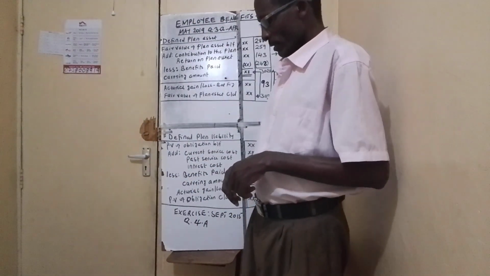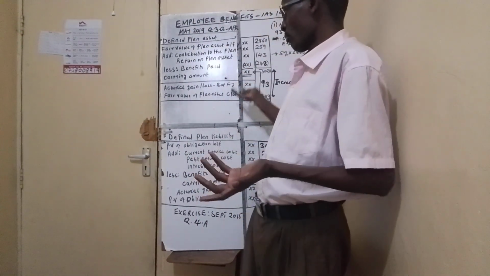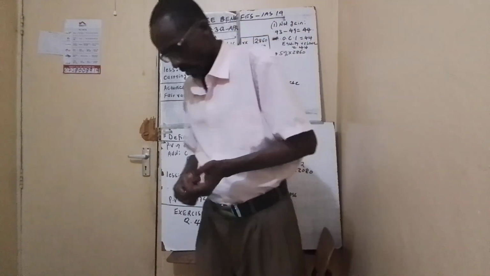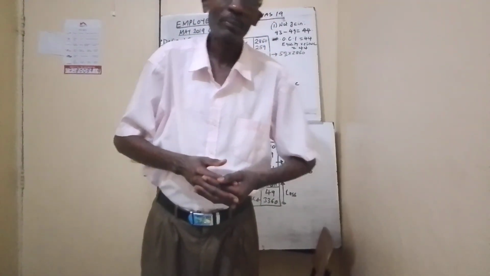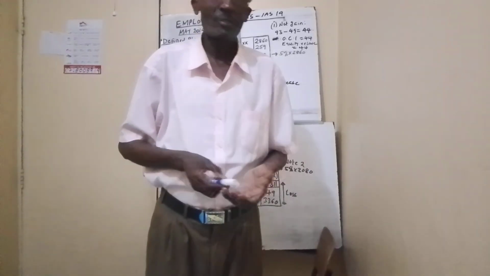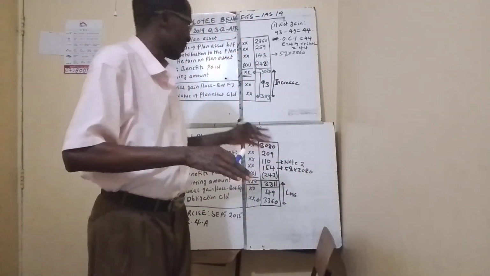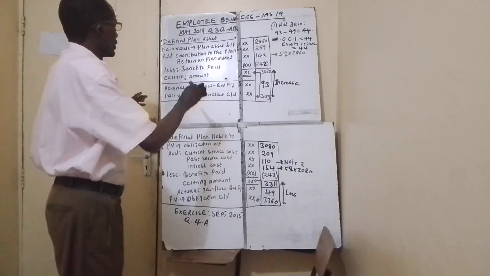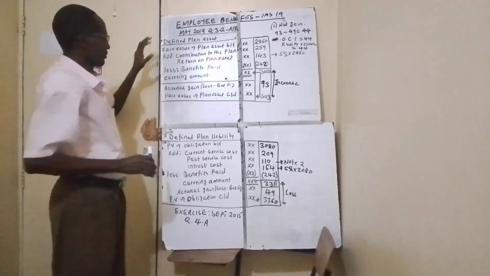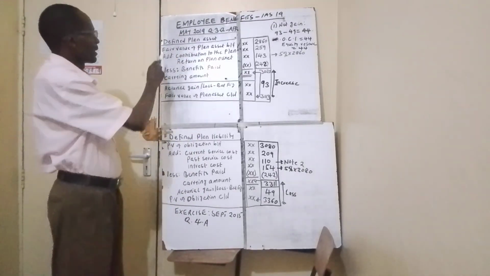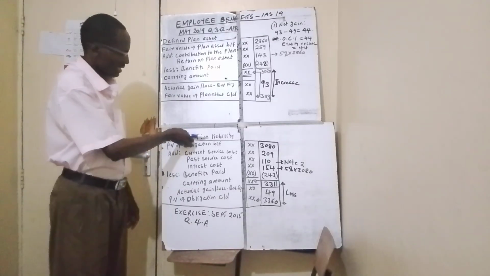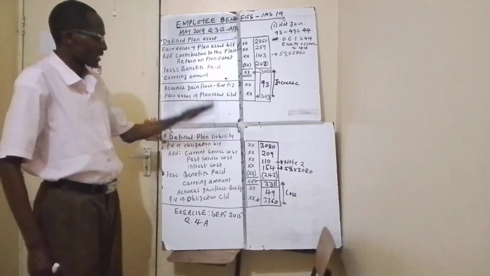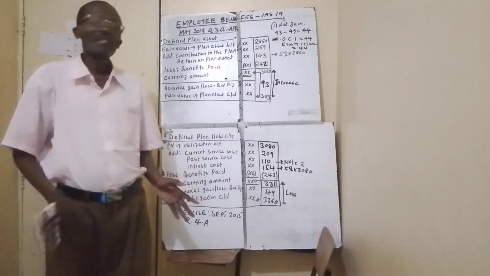Now, I will start by giving you a format of how we prepare some of these accounts that you find in employee benefits. As you can see from this side, you will be having a table like this one with defined plan asset, and the other table will be for defined plan liability.